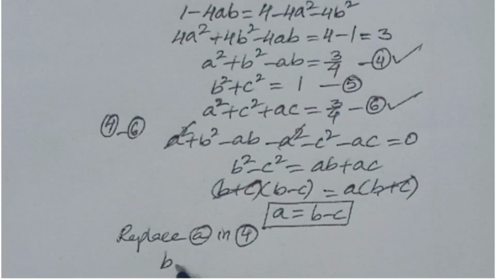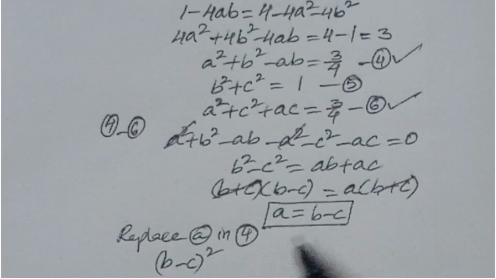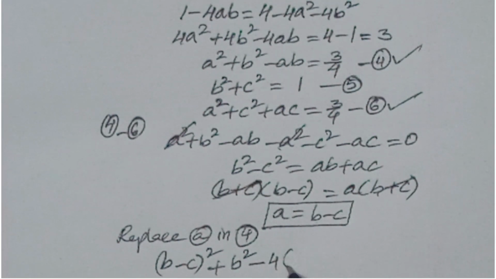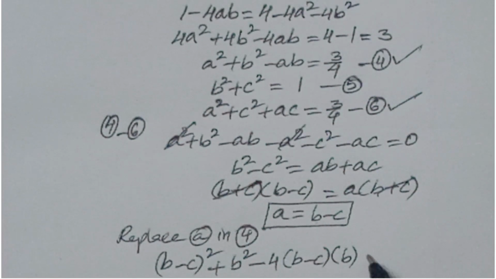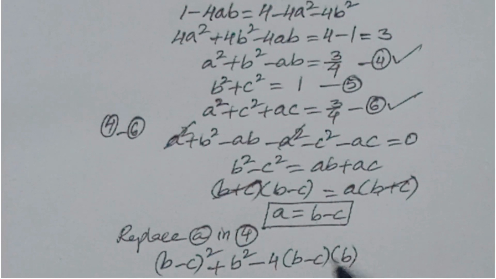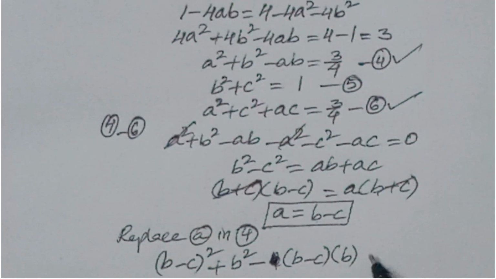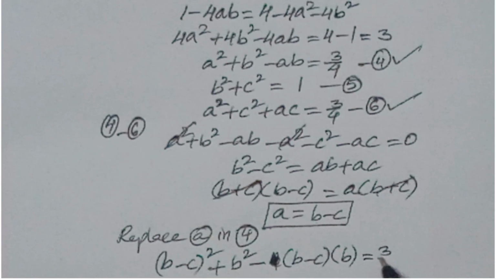So what will we get? b minus c whole square, in the place of a you are writing b minus c, plus b square minus b minus c into b is equal to 3 by 4.